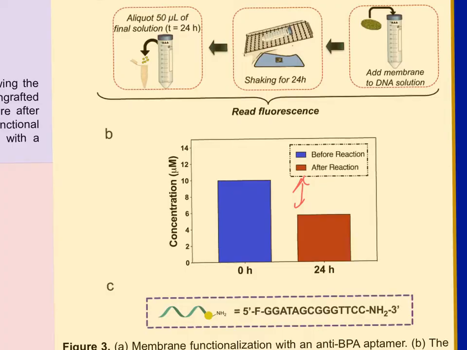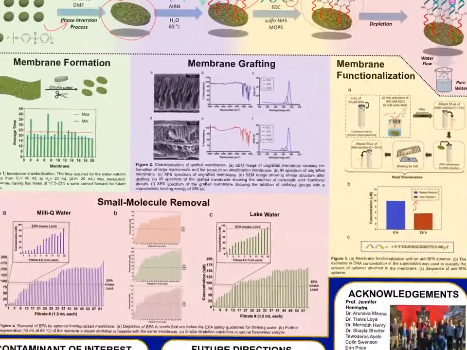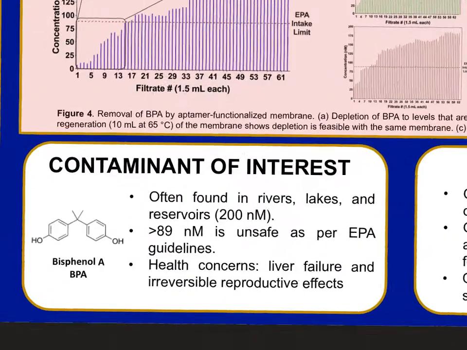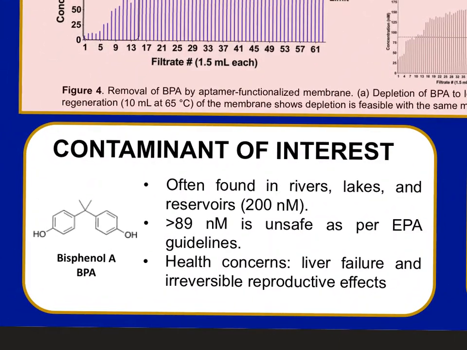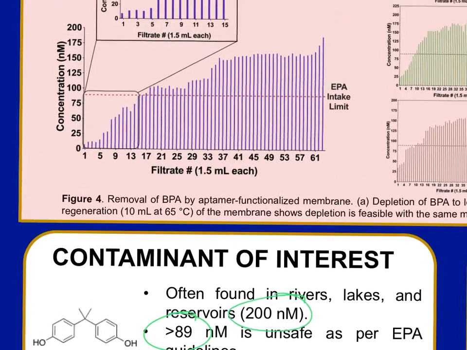Then it's time to check if it actually removes small molecules. My contaminant of interest is bisphenol A, because it's often found in rivers, lakes, and reservoirs at a concentration of 200 nanomolar, but greater than 89 nanomolar is unsafe according to EPA guidelines, and they have a lot of health concerns as we move forward. So we thought BPA is a great molecule to go after.